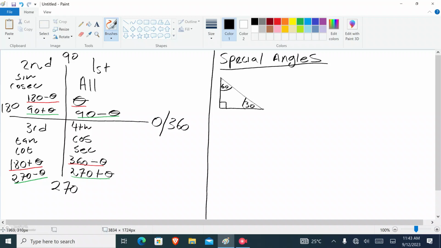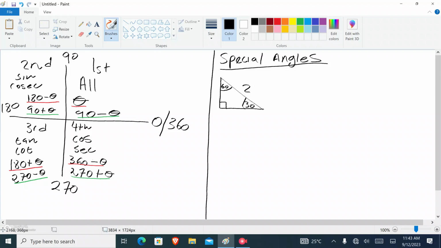The longest side for this special triangle is supposed to be 2, right? So that is the longest side, the hypotenuse of this right angle triangle.